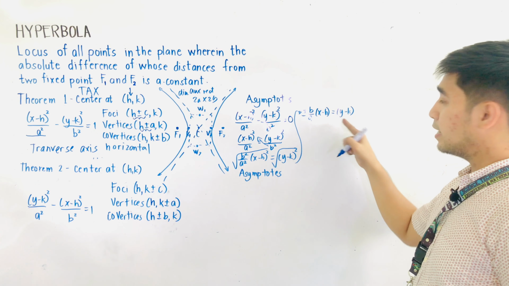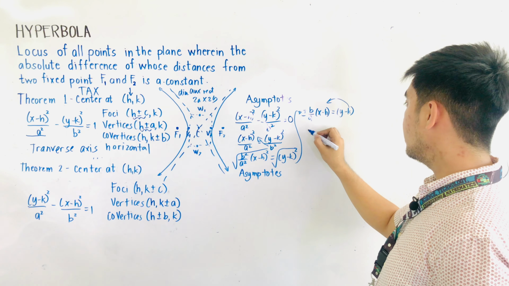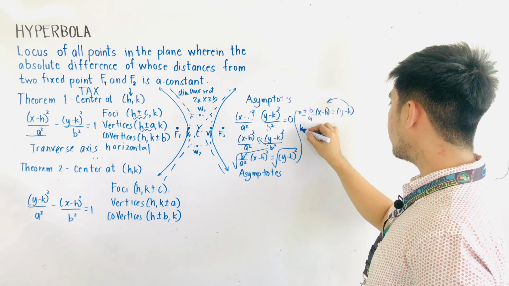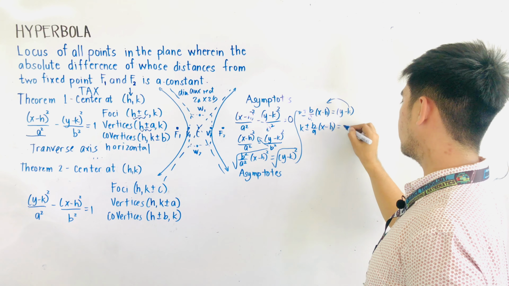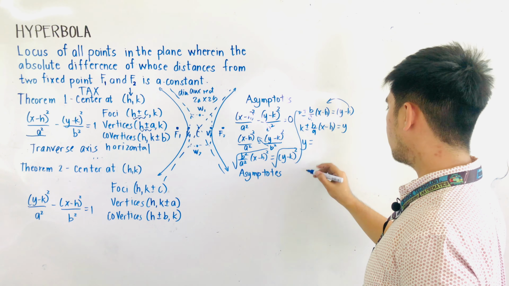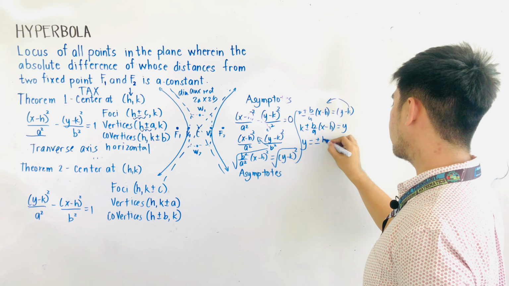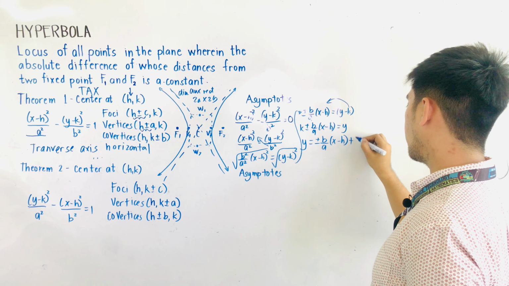And since we are only getting the value of y, I need to transpose negative k to the other side. Therefore, this becomes k plus minus b over a times (x minus h) is equal to y. Or, I will just arrange, this becomes y is equal to plus minus b over a times (x minus h) plus k.